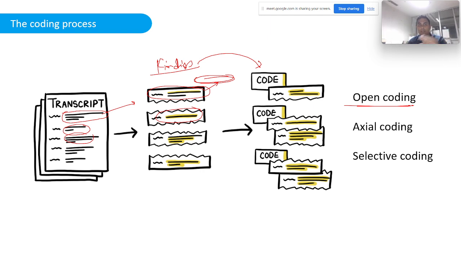So those can be important findings. Now an open code for that finding can be unable to find control. Okay, so here control means the search button.